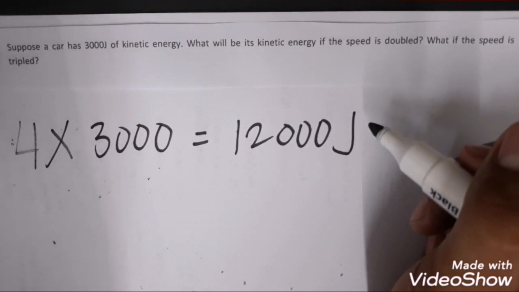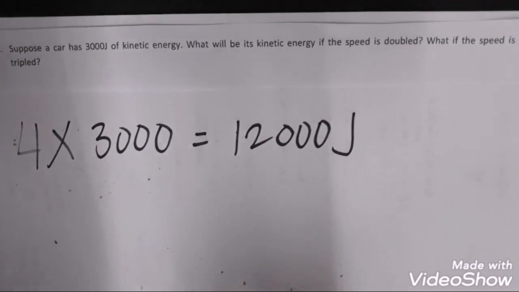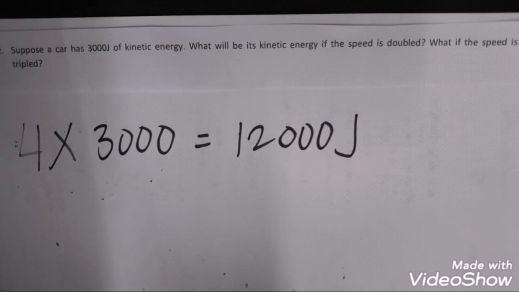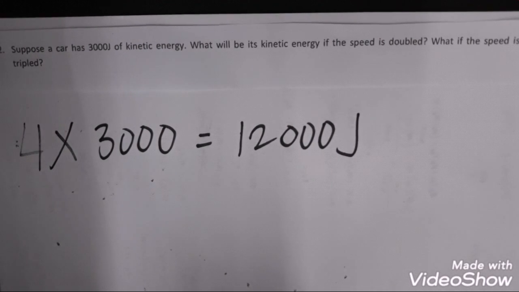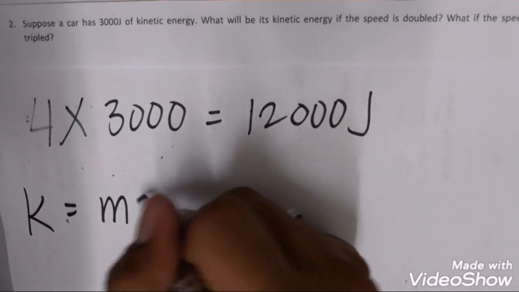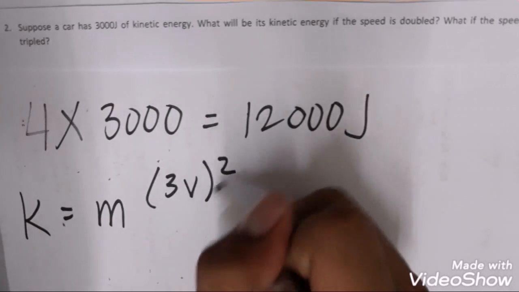Therefore, the kinetic energy is going to be 12,000 joules. So let v be the speed of a moving object; that speed equals 3v after the speed is tripled. So K equals one half times mass times (3v) squared.